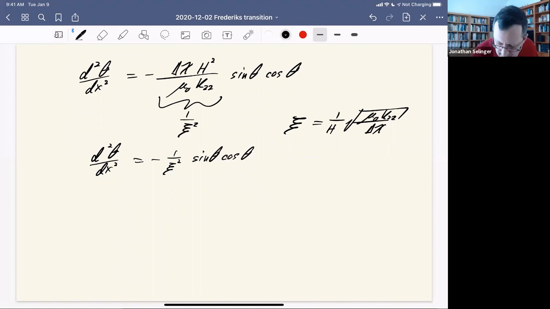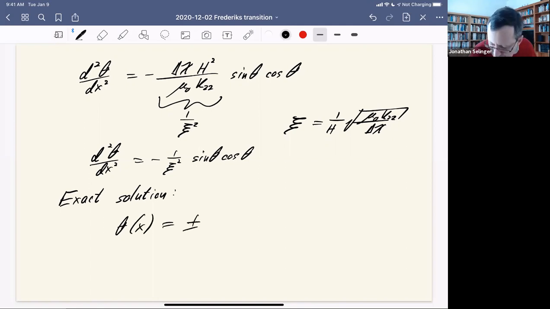The exact solution is like this, that theta of x is plus or minus inverse sine of the hyperbolic tangent of x over xi.